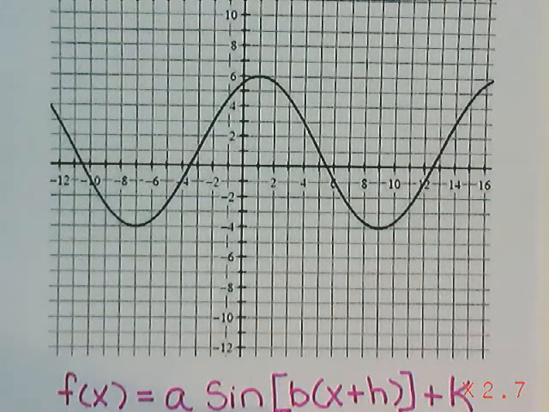So I know this is a sine graph. The first thing I'm going to find is the midline, because I need to know the midline so that I can find one cycle, and then once I have a cycle, it's easier to find your amplitude and your period and your phase shift. So I'm going to start with the midline.